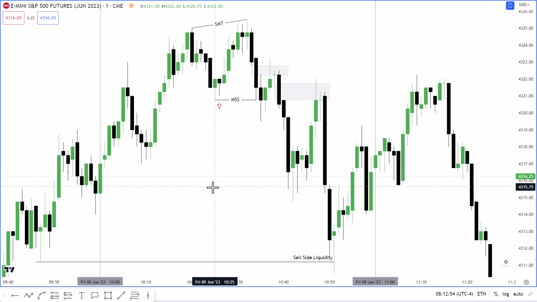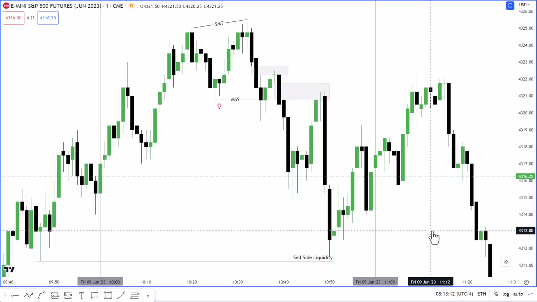The next one comes in the New York session between 10 a.m. and 11 a.m., and then the final one comes around 2 to 3 p.m. New York local time every single day.